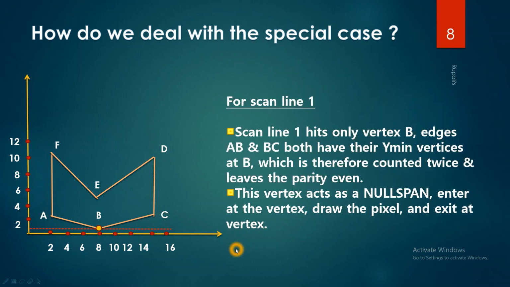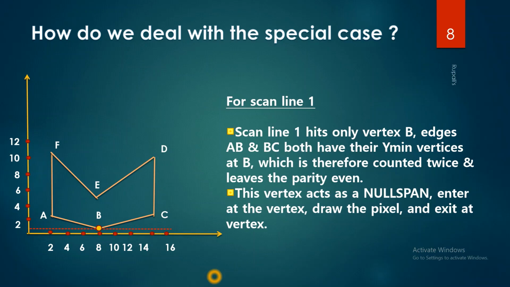And for scanline 1, see, in this case, it is the y-min vertex of AB, also the y-min vertex of edge BC. Scanline 1 hits only vertex B. Edges AB and BC both have their y-min vertex at B, which is therefore counted twice and leaves the parity even.